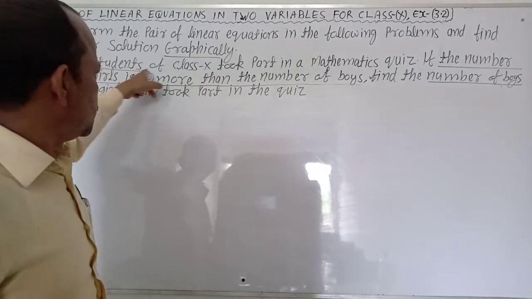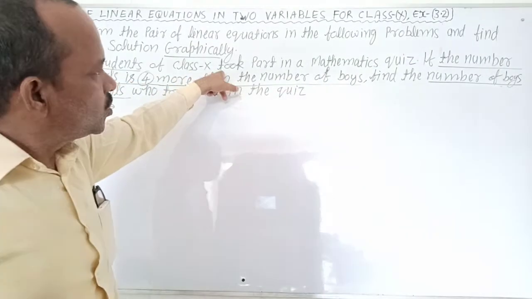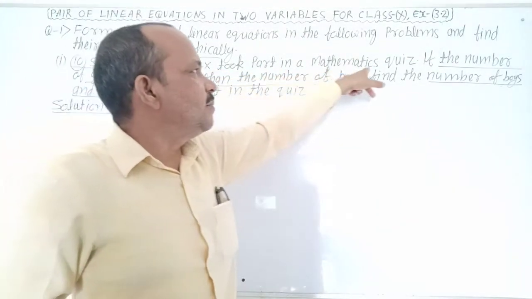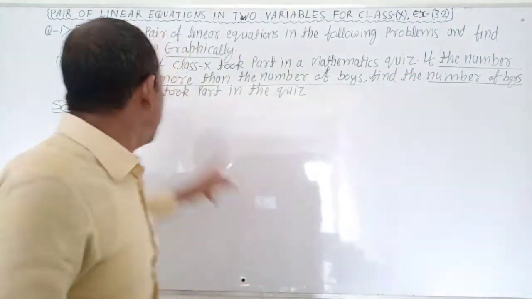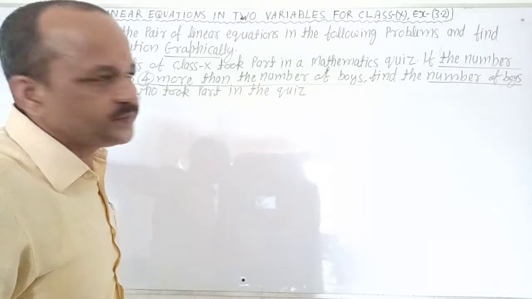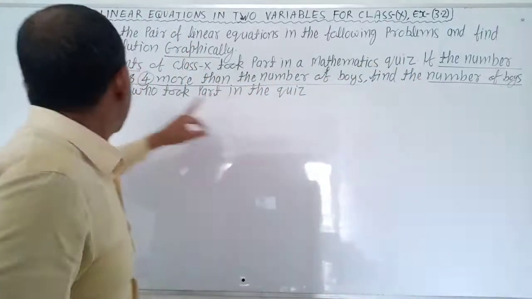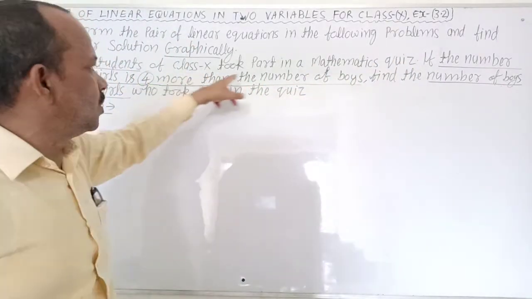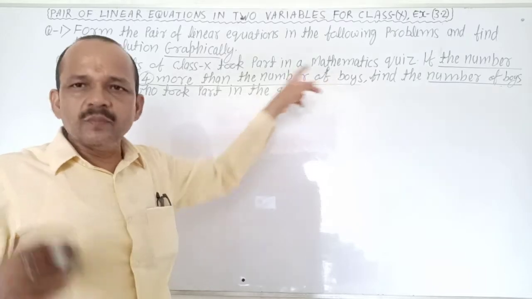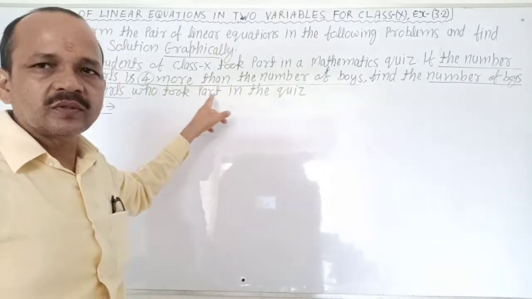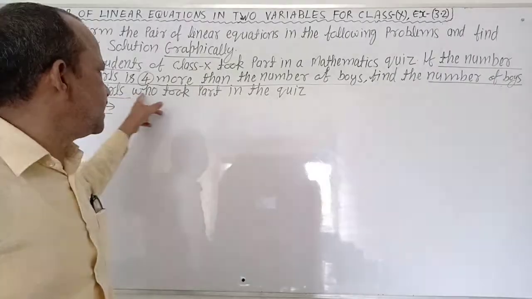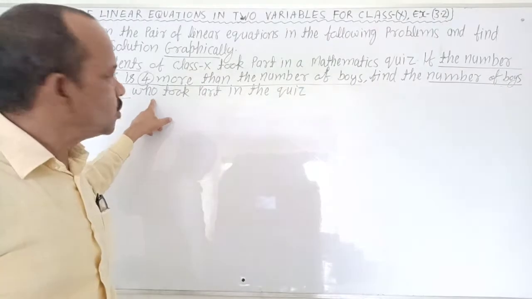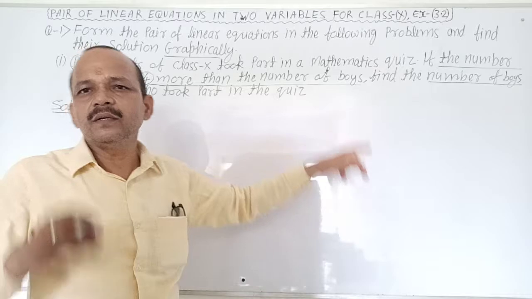First, 10 students of class 10 took part in a mathematics quiz. The total number of students is 10. If the number of girls is 4 more than the boys, find the number of boys and number of girls who took part in the quiz.